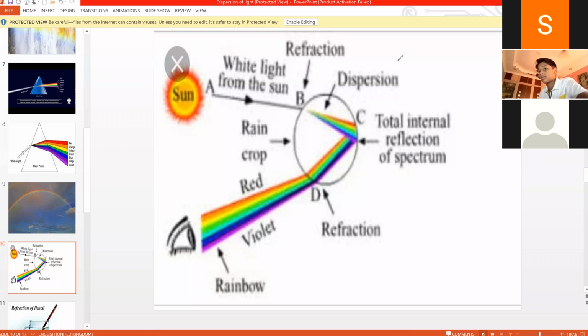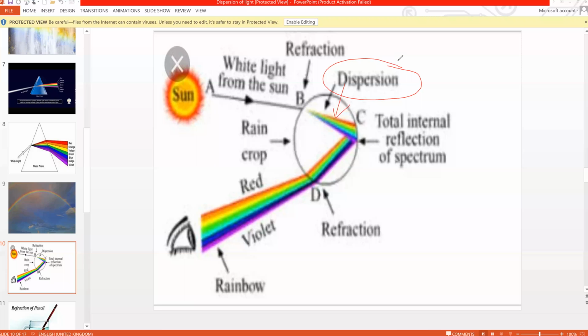A light ray of sun is coming and striking the droplet of rainwater, and some part of light is reflecting, and somewhat light is bent. Dispersion is taking place there.